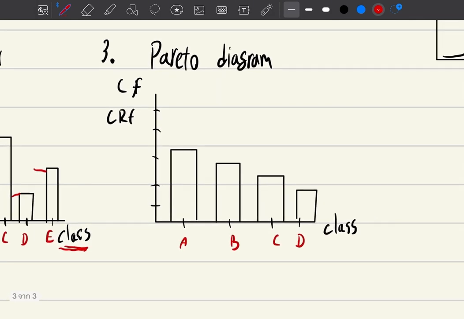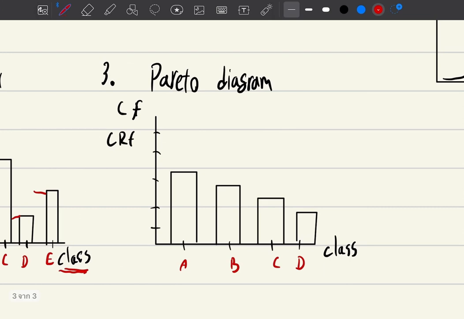The last one is the Pareto diagram. The Pareto diagram is the same as a bar chart, but the class and the height will be ordered in descending order. As you can see, the highest one is on the left side, and the lowest one is on the right side.